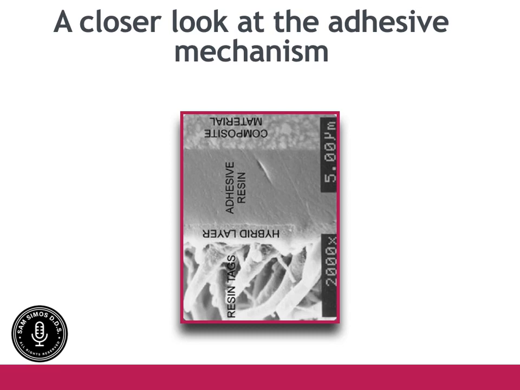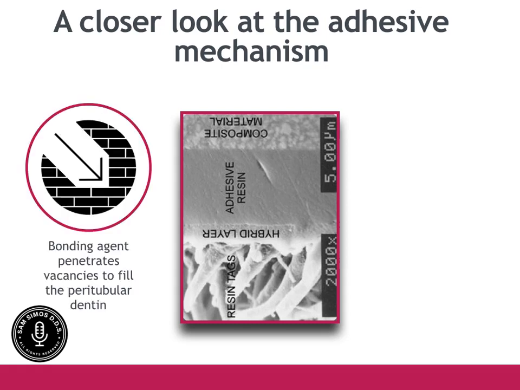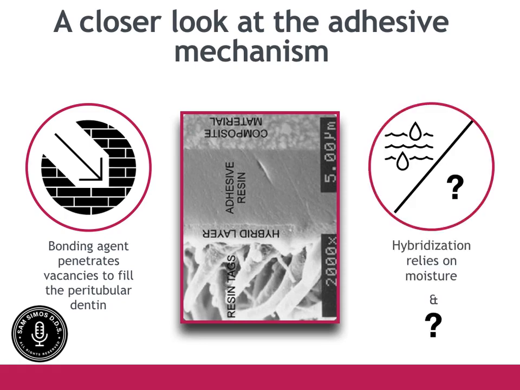So we want to take a look at what is happening in this layer. The bonding agent penetrates the vacancies to fill the peritubular dentin. And of course, in order to fill these vacancies, the bonding agent relies on that collagen being moist.